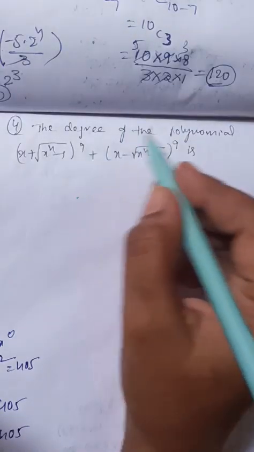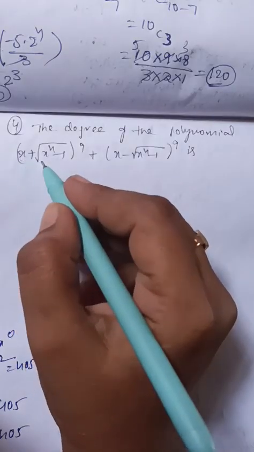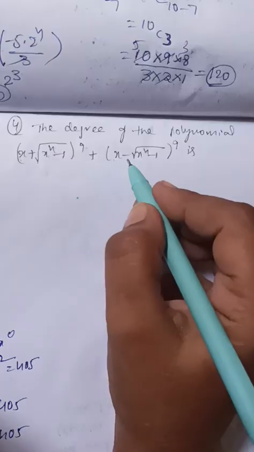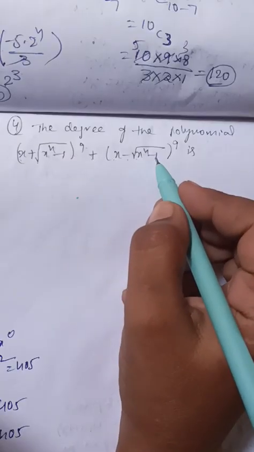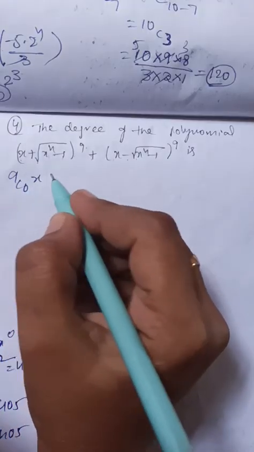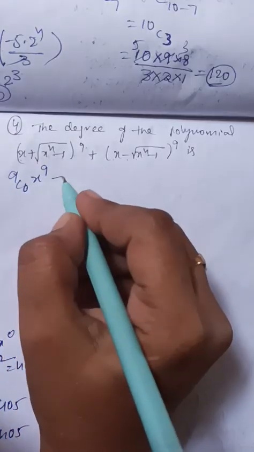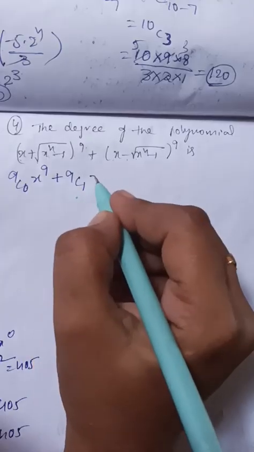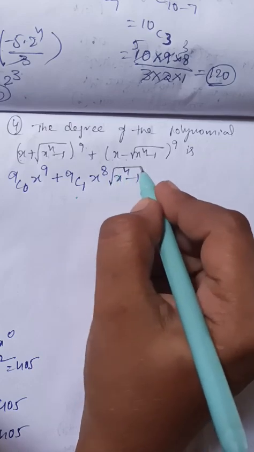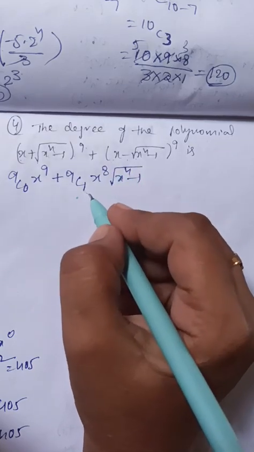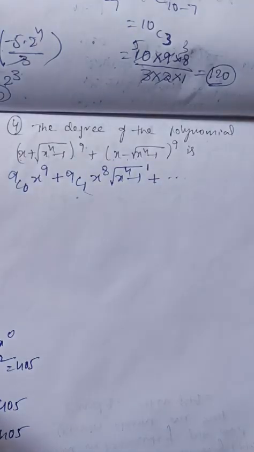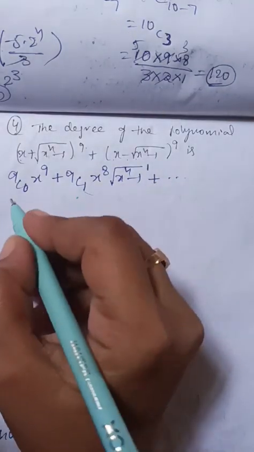Next question: the degree of the polynomial (x plus root of x power 4 minus 1) whole power 9 plus (x minus root of x power 4 minus 1) whole power 9. So 9c0 x power 9 minus 0 plus 9c1 x power 9 minus 1 into (x power 4 minus 1 under root) whole power, just write the suffix for the second term, and so on, plus.